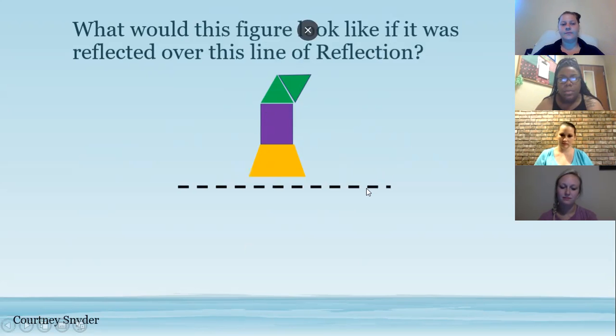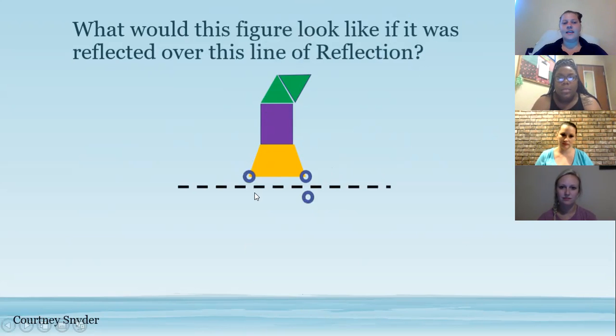What we know about reflection is that each point matches up exactly, the same measure from the line of reflection. So this point is going to be the exact same distance over here when we flip it over.